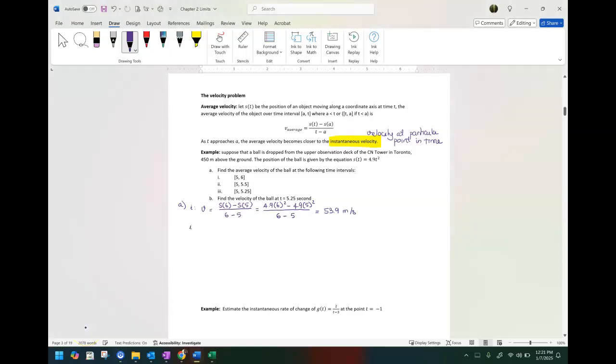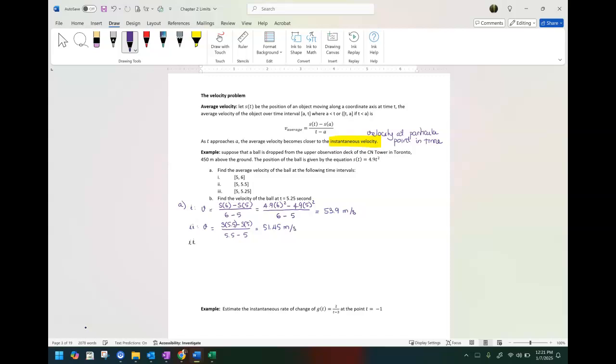For the time interval 5 to 5.5, S of 5.5 minus S of 5 divided by 5.5 minus 5. Plug this into your equation. You get 51.45 meters per second.